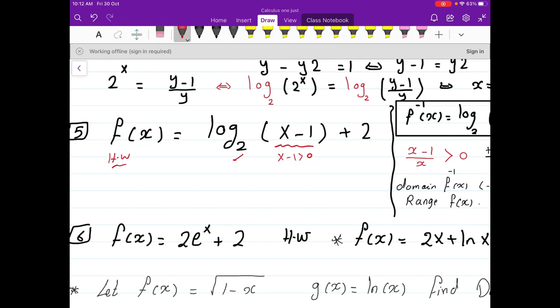Also find f inverse and the domain of f inverse and the range of f inverse for this function. Notice this function f(x) equal 2e to the power x plus 2. What is the domain? The domain is R. Now you want to find the inverse.